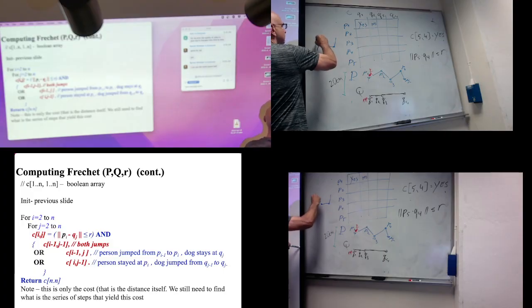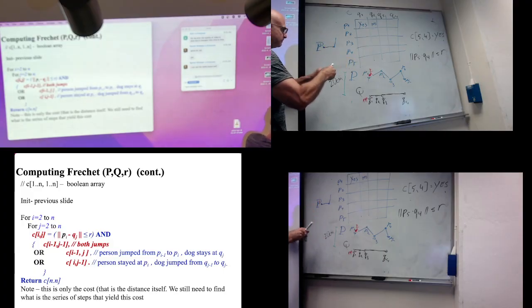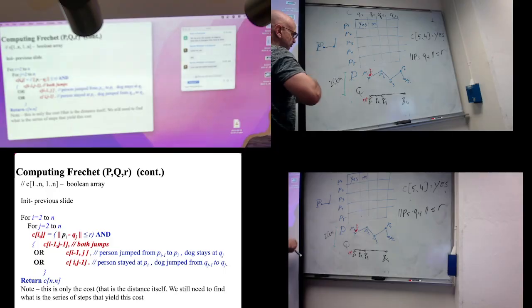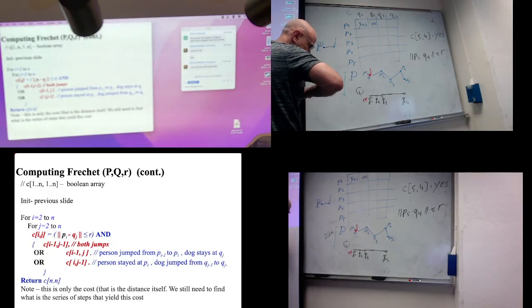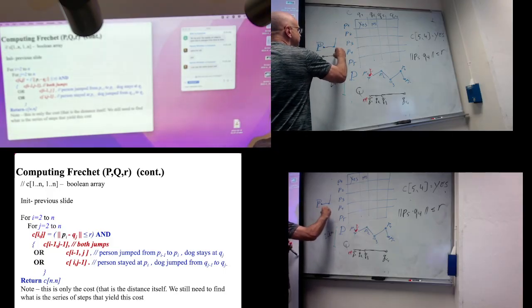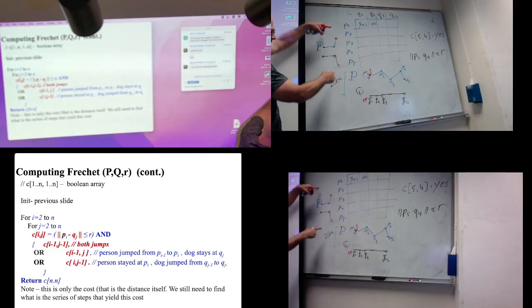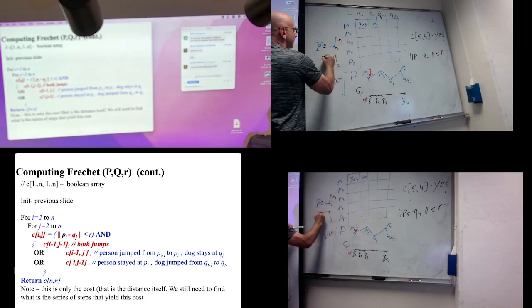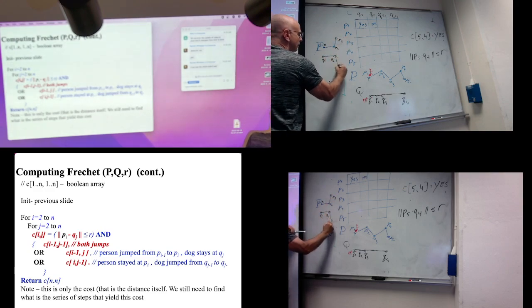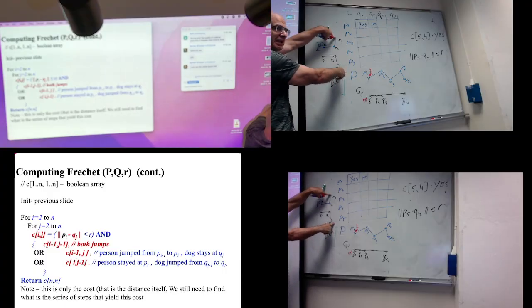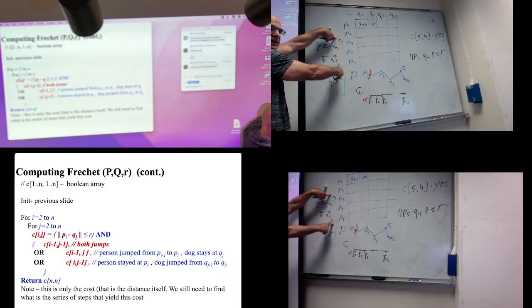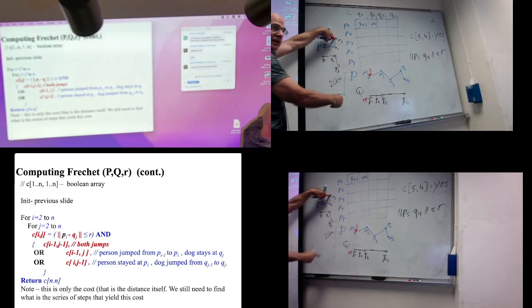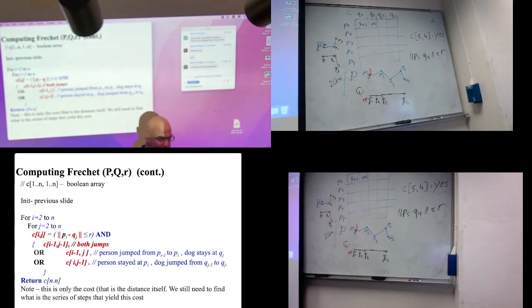Here is P, here is Q, the different example. P1, P2, P3, Q1, Q2, Q3. And if the distance between P3 and Q3, the final destination, is more than the length of the leash, then the answer in Cij should definitely be no. You cannot do the whole trip because you cannot even finish it at this point.